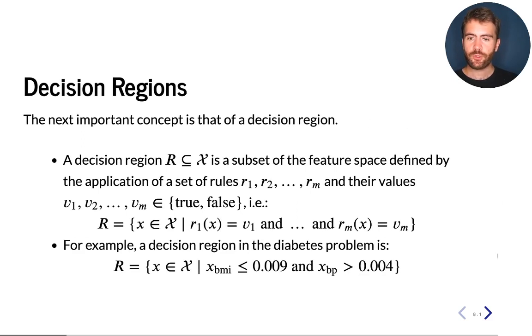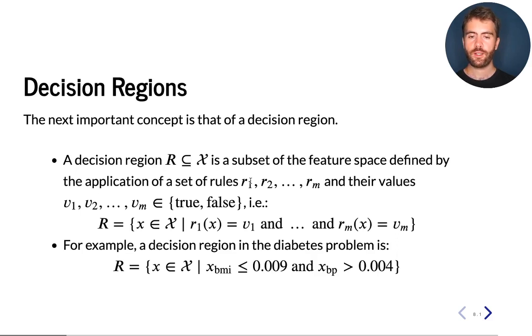Now, the next important concept is that of a decision region, and that is something defined by the decision rules. So consider a sequence of rules that are implemented, which can be graphically mapped within a decision tree. Here we have M rules. For each assignment to the outcome of these rules, we end up with a partition of our feature space.